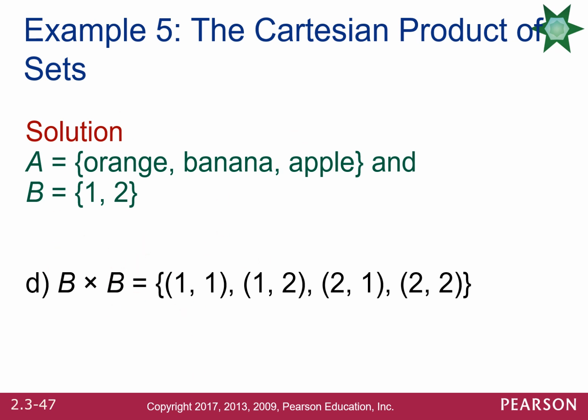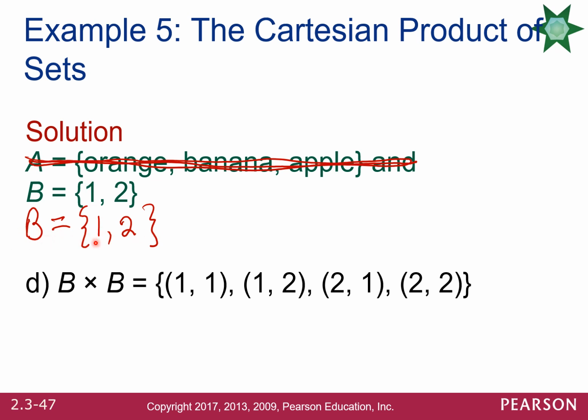So let's follow the same process, but first I'm going to cross out the top row, the set A, so it doesn't confuse us. And below, where they have given us set B, I'm going to write one more time the elements of set B. So B equals 1, 2. So I'm going to take the first element from the top row and pair it with the elements of set B in the bottom row.